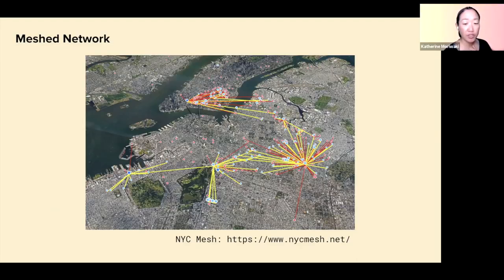The image you see here details the current coverage from NYC Mesh. Various individuals decide that they want to become an NYC Mesh node. They then commit to installing the hardware needed to connect to the mesh and open up their hotspots so that they can join this community network.